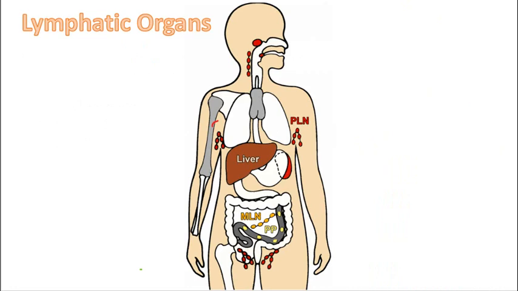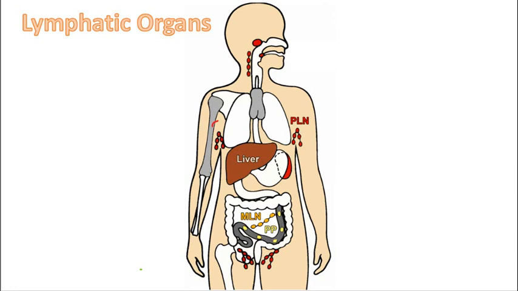Now we're going to look at the organs of the lymphatic system. Lymphatic organs are characterized by clusters of lymphocytes and other cells such as macrophages, M cells, dendritic cells, and others. So it will have clusters of those cells. Not only lymphocytes, all the cells originate in red bone marrow.